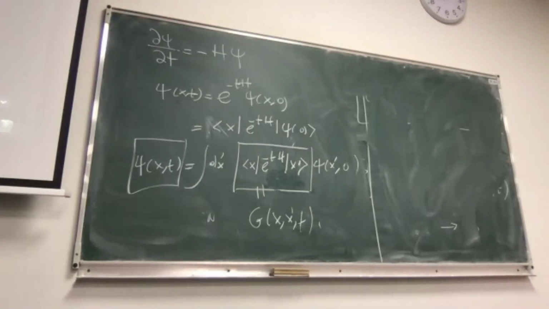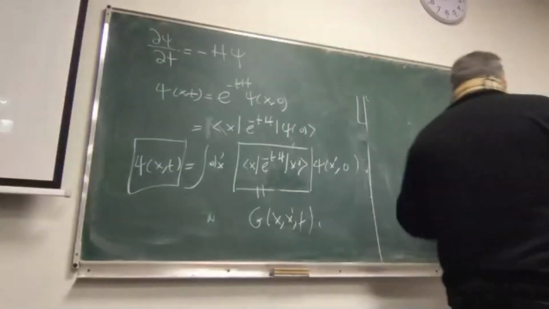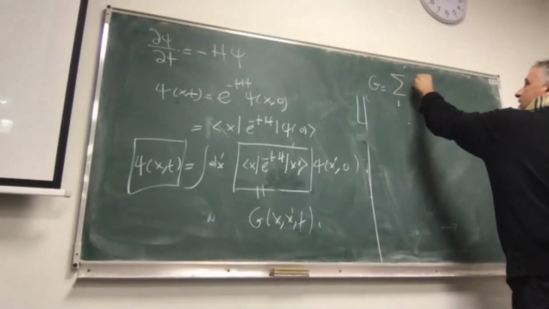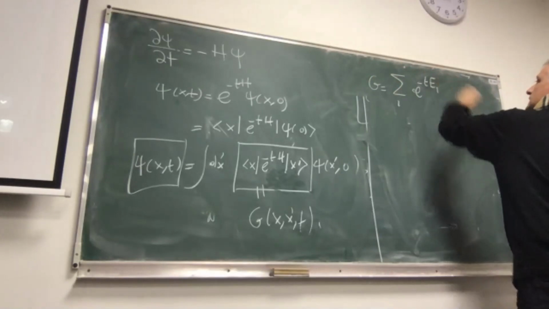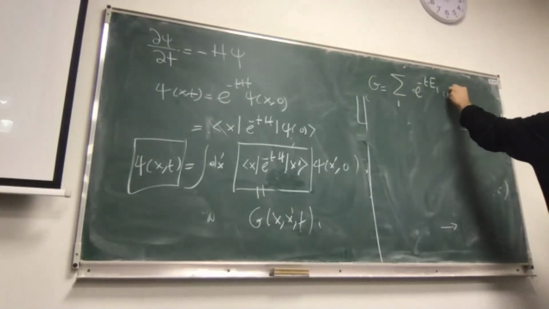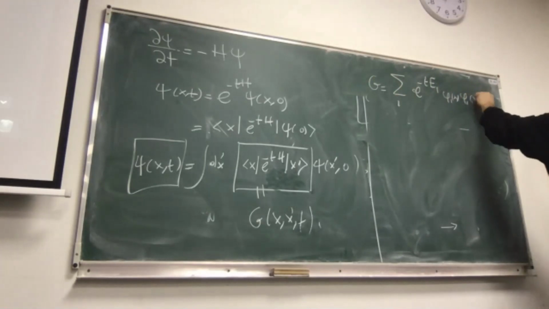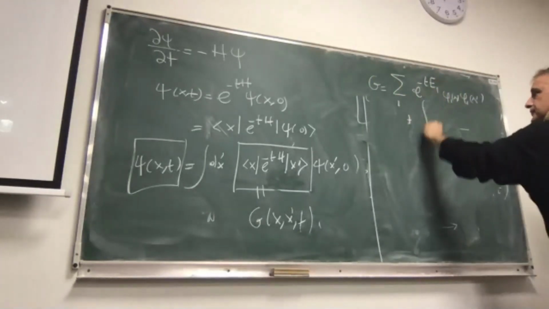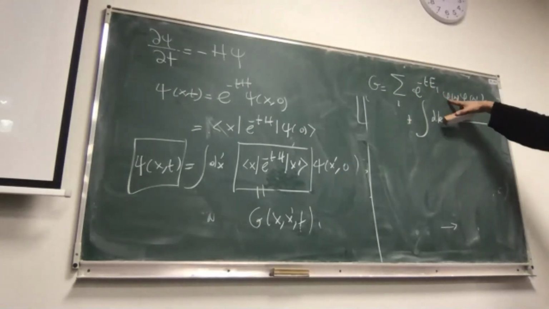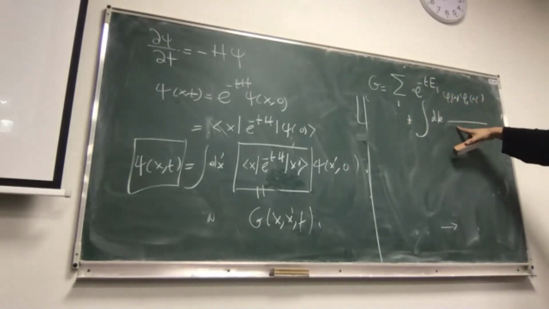And it's important to note that for the hydrogen atom, G is something like that. Plus, don't forget, there is a continuum. There is a discrete part and a continuum part in the spectrum of the hydrogen atom.